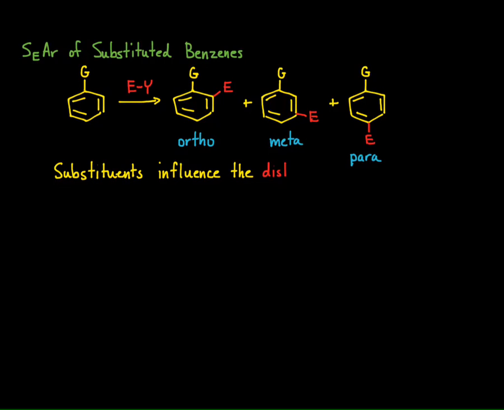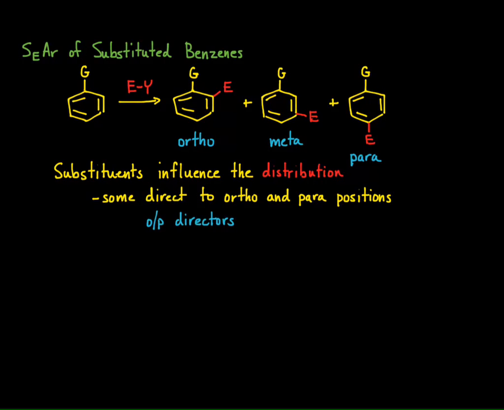So how do the substituents that are already on the ring influence the substitution? Well, we're going to see that they, number one, influence the regioselective distribution of products. So some groups direct the electrophile to the ortho and para positions, and we call these OP directors.